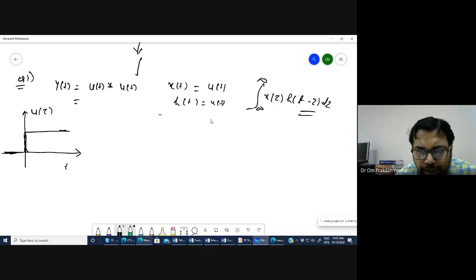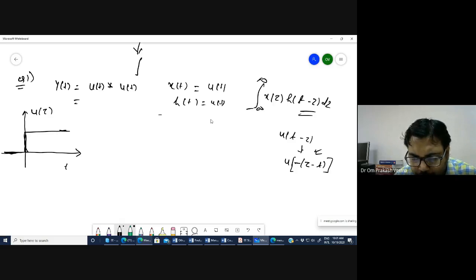Now come to u(t minus tau). You need u(t minus tau), or you can say u(minus tau plus t). Both are the same thing. Yes or no? You need this one.